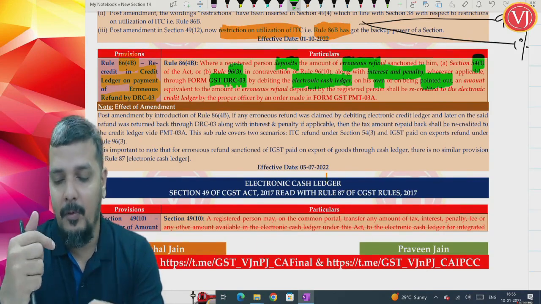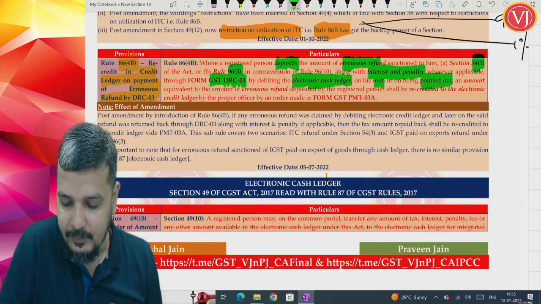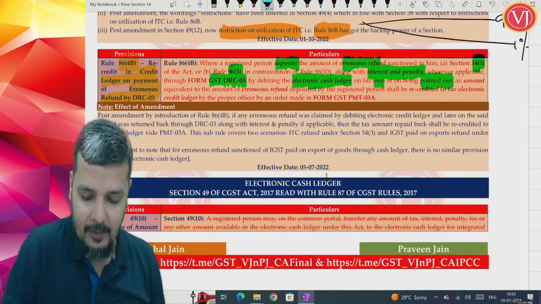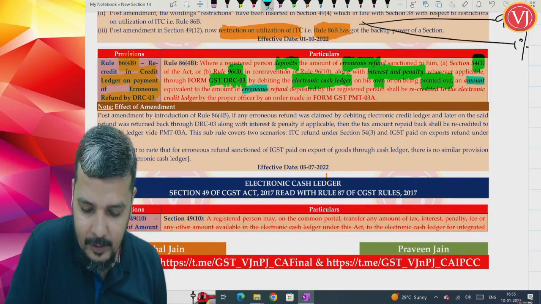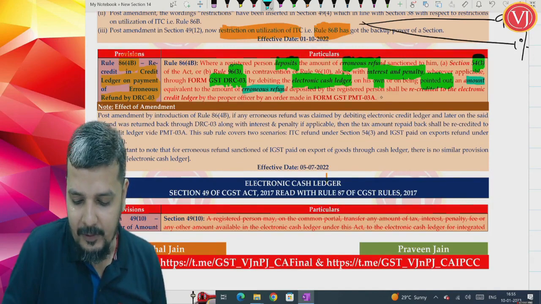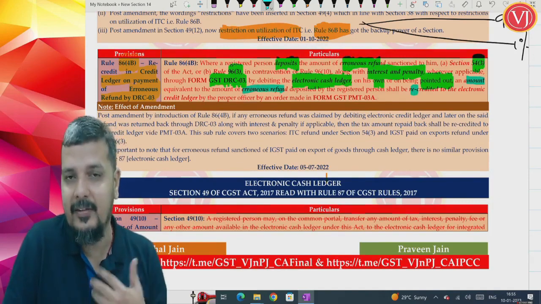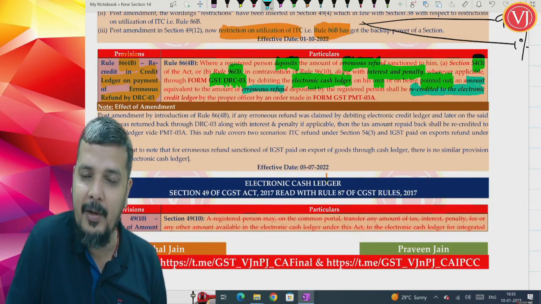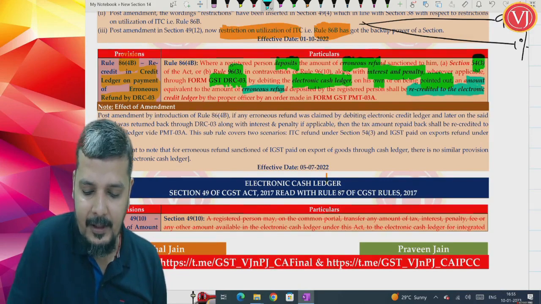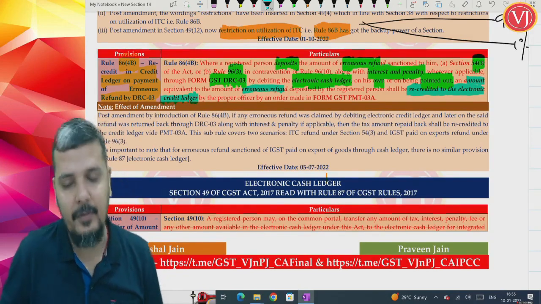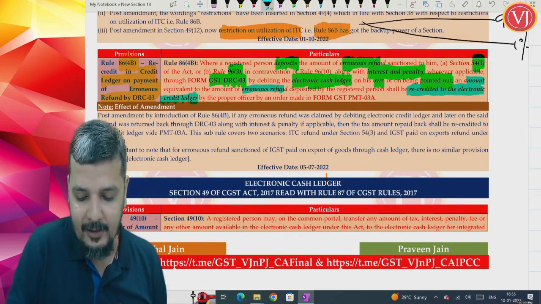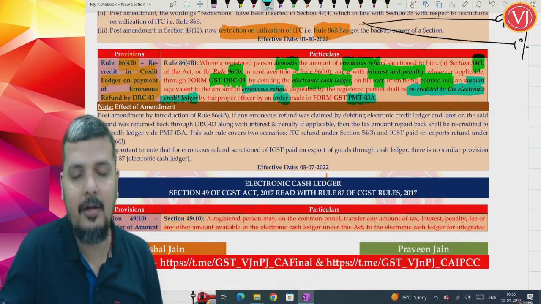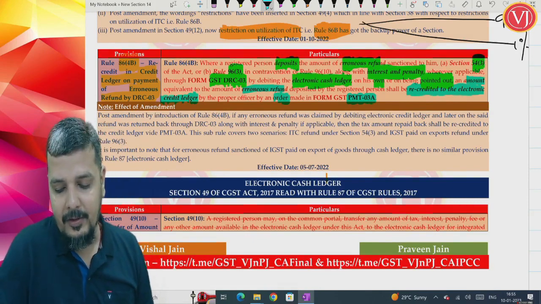Whatever amount he has redeposited shall be recredited to his electronic credit ledger by the proper officer, and the officer will recredit that by way of PMT 03A form. That will be an order in PMT 03A.